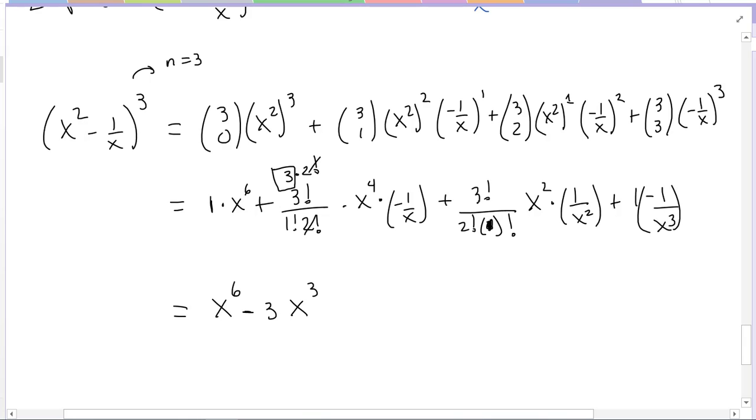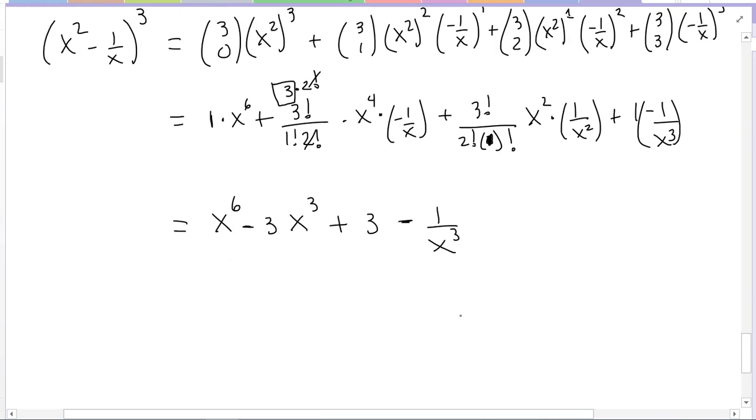And then here, what's our coefficient going to be? That's the same as that one. 3 factorial is 3 times 2 times 1. With that 2 factorial, it's going to cancel out, and it's going to stay plus. So plus 3x squared times 1 over x squared is just x to the 0, so they cancel out. And then minus 1 over x cubed.